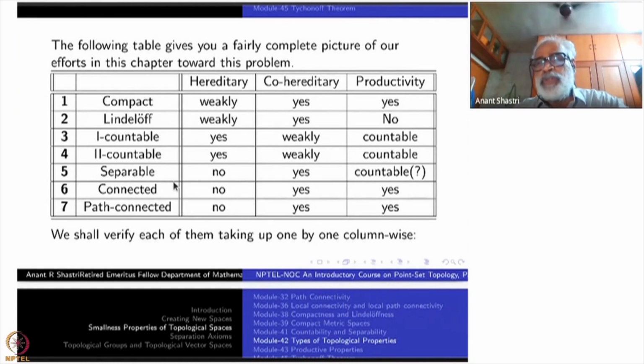As soon as you put a Sierpinski point, what is the meaning of that? For that extra point, the only open set containing it is the whole space. Therefore, every covering of this space must have the whole space as one of its members. So you take just X as the member, that's a cover. So it's automatically Lindelof.